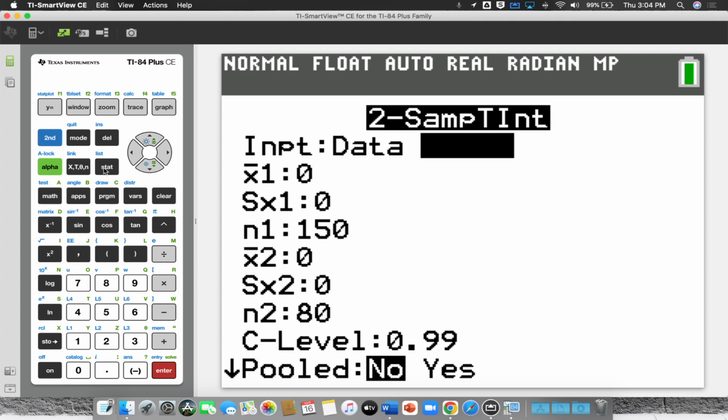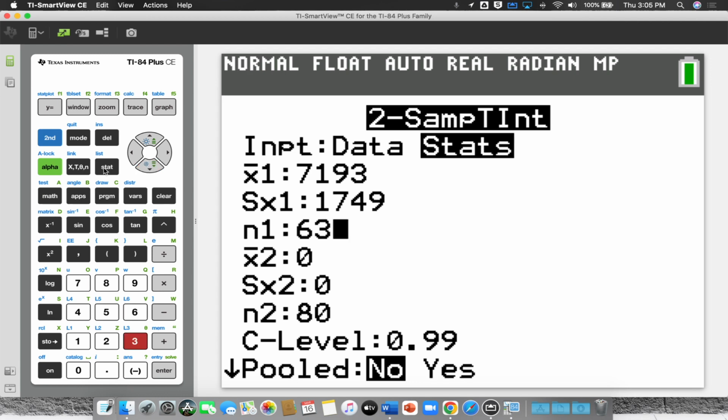So we're going to put in the first sample. Katy Perry's sample mean is 7193. For standard deviation, 1749.